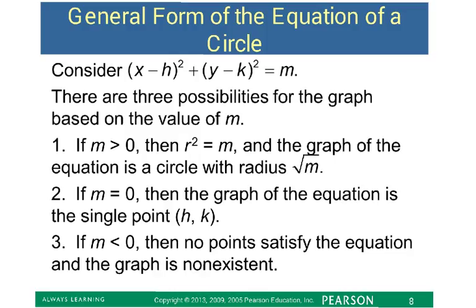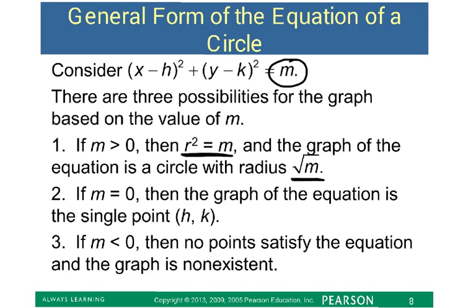General form of an equation of a circle, we're going to consider these possibilities. There are 3 possibilities for the graph based on the value of m. If our m value is greater than 0, then our radius is going to be found like this: I'm going to take the square root of our m, and that is our radius for our graph of our circle.